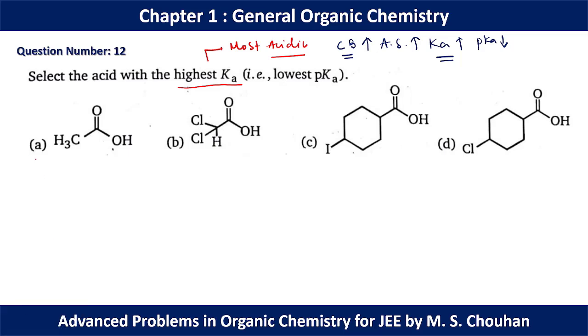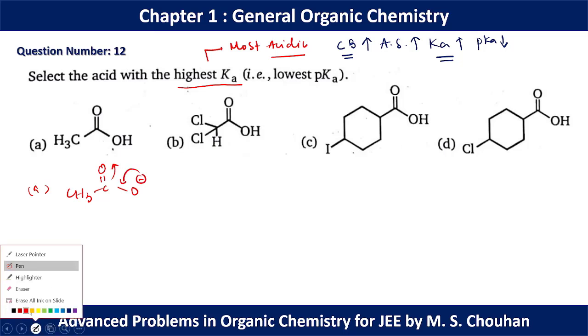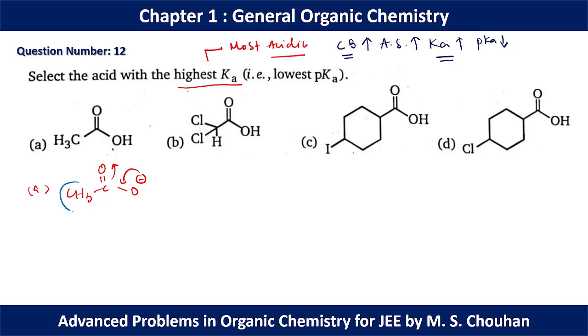If we start with the first molecule A, in this case the conjugate base is resonance stabilized, but we have one CH3 group present here which can show plus I effect. This plus I effect will destabilize the conjugate base. If we go for the molecule B, the conjugate base will look like this.